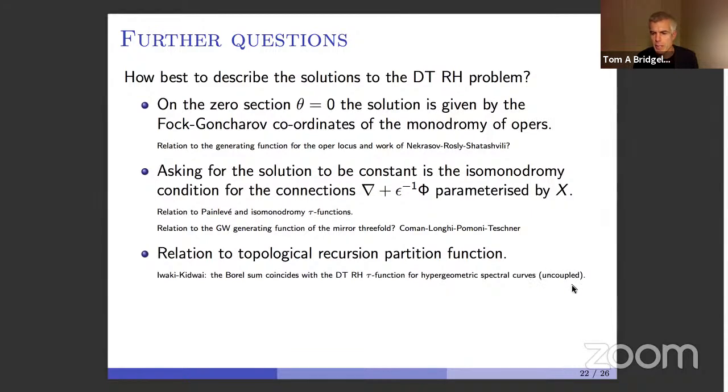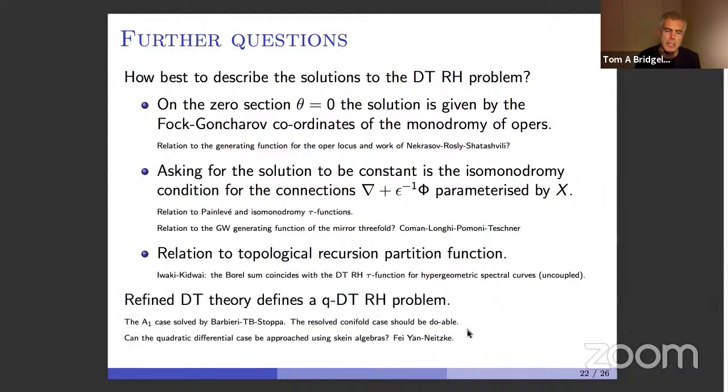These are uncoupled cases, so this tau function makes sense, and they showed that it matches with the thing computed by topological recursion. But that, again, is some kind of intriguing link. So yeah, this is the thing I think I would most like to understand at this point.